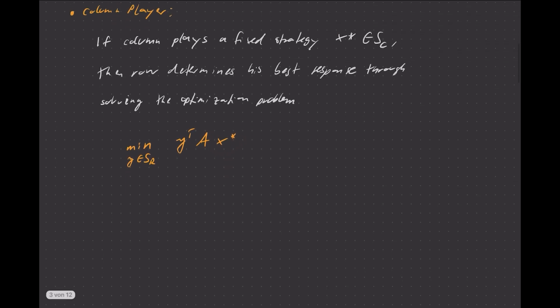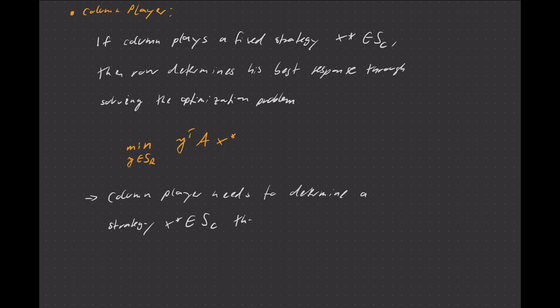But now the Column player can choose an x star such that this minimum is maximized. So that's what Column wants to do. So the Column player needs to determine a strategy x star in SC that maximizes this minimum.